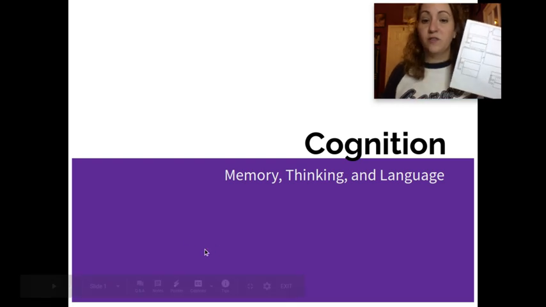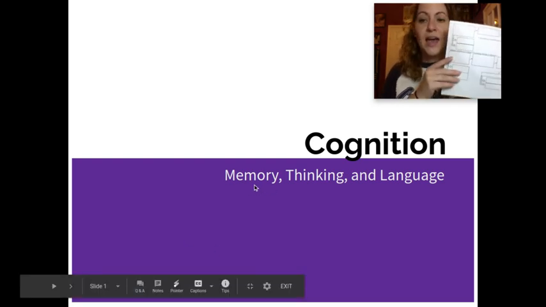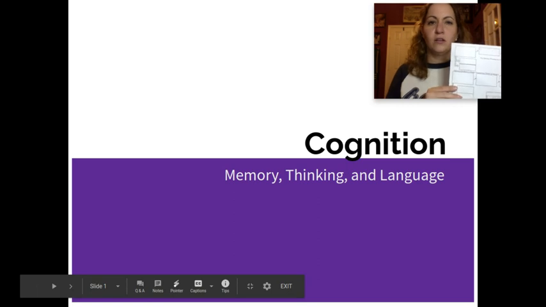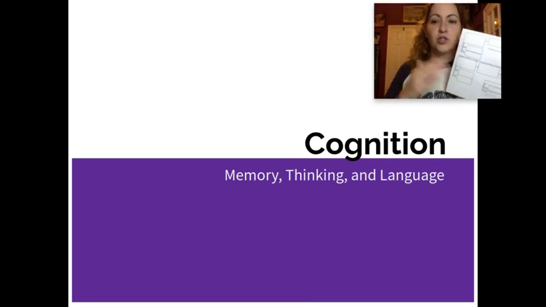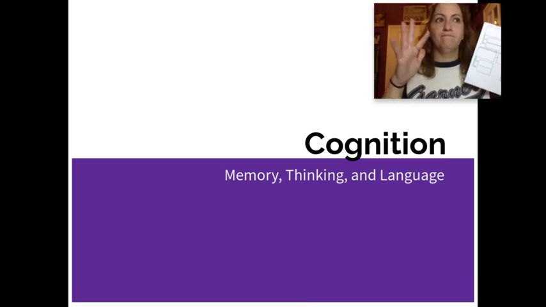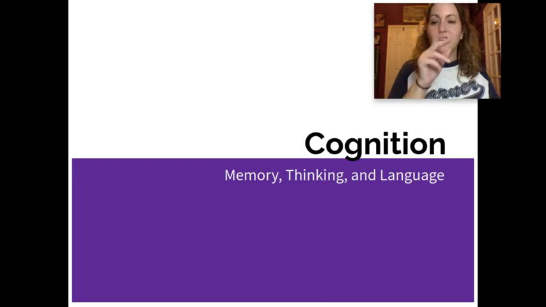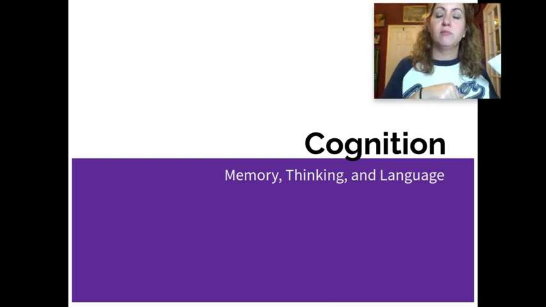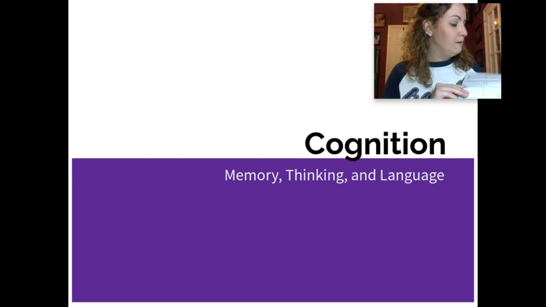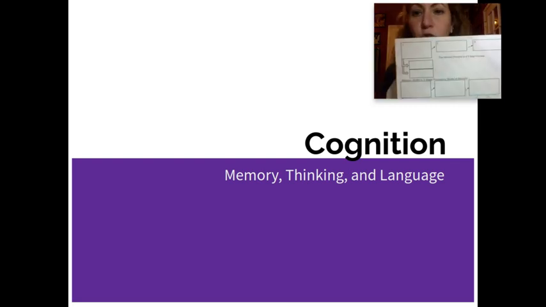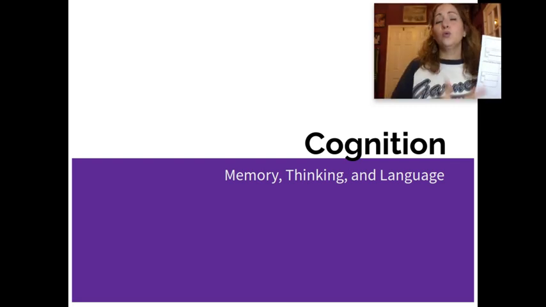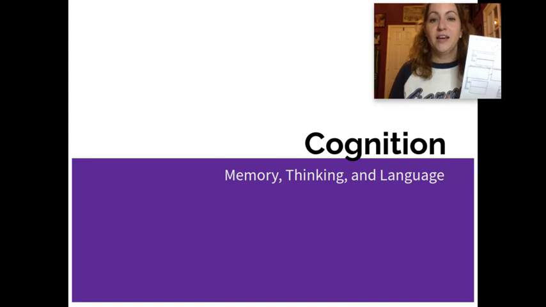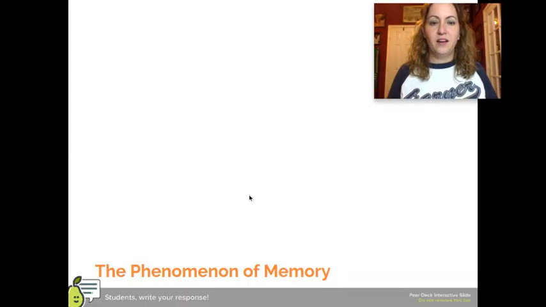It's the very first part of cognition, and it helps get our thoughts in order because there's a lot of terms, and some of them sound the same, some of them look the same. So here's just to help you with organizing your notes for memory in the cognition unit. So let's just get started.